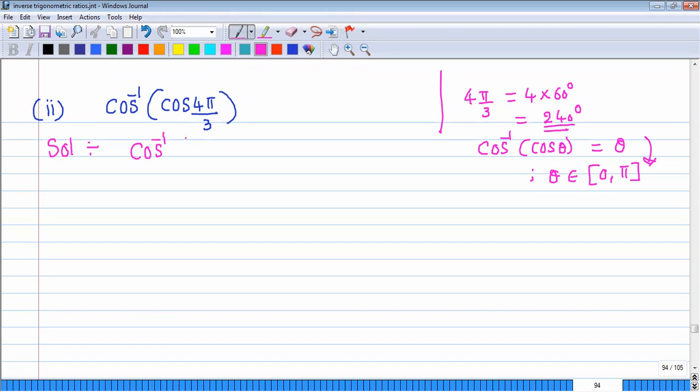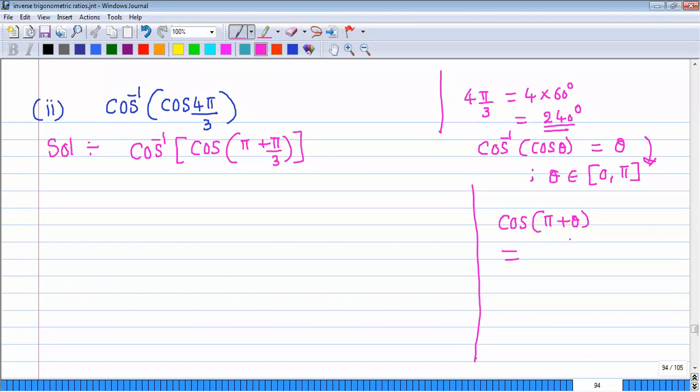So the solution we can write like this: cos inverse of cos of pi plus pi by 3. So we have cos of 180 degrees plus theta. Using all silver teacups, 180 plus theta is in the third quadrant, where only tan and cot are positive and cos is negative. But with pi, cos remains cos, so you will get minus cos theta.